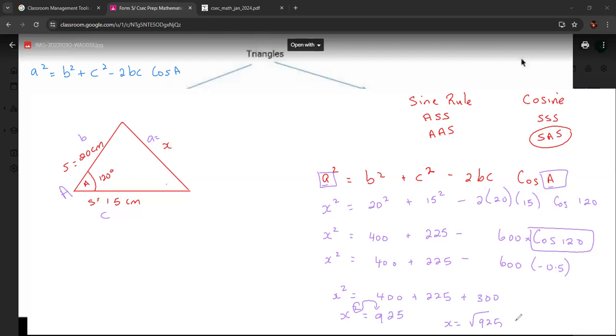And we got that to be 30.413, etc. So when it comes to our sine rule and our cosine rule, we need to make sure that you know when to use the sine rule and you know when to use the cosine rule.